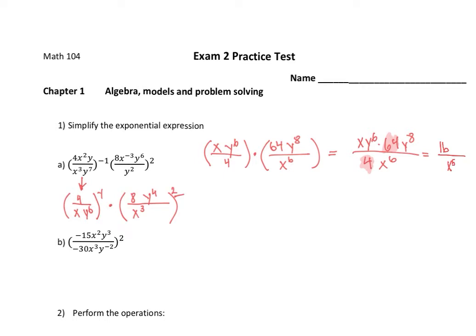And then y to the 6th times y to the 8th is y to the 14th. Okay, we know that we are completely simplified because we have one of each variable, no more parentheses, no more negative exponents. So there we go. We've got it.